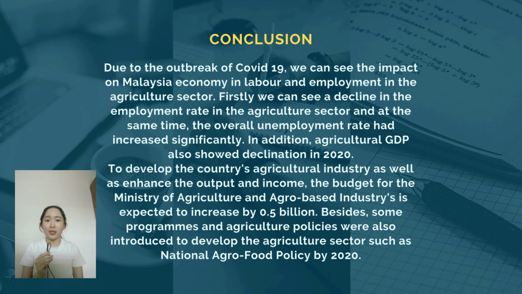To develop the country's agriculture industry as well as enhance output and income, the budget for the Ministry of Agriculture and Agro-based Industry is expected to increase by 0.5 billion. Besides, some programs and agriculture policies were also introduced to develop the agriculture sector, such as the National Agro-Food Policy by 2020.